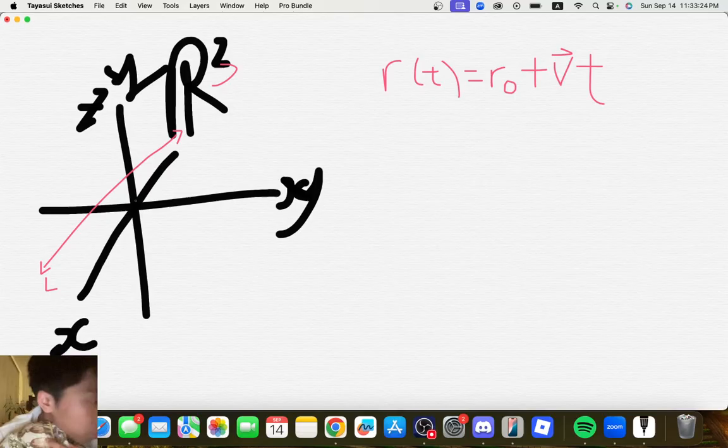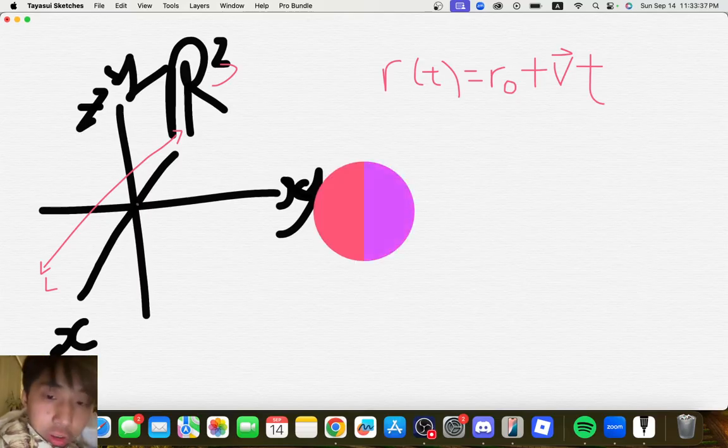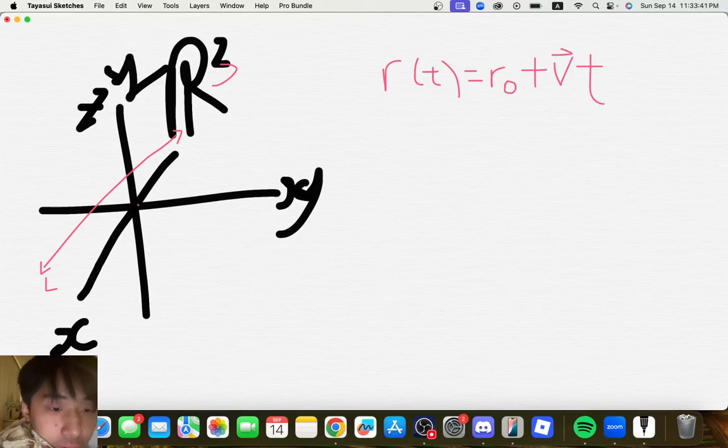Anyways, suppose you had a vector R like this, and another vector, say, over here.